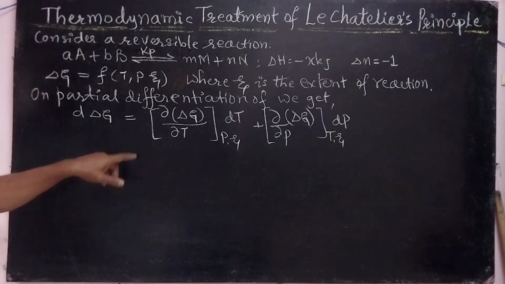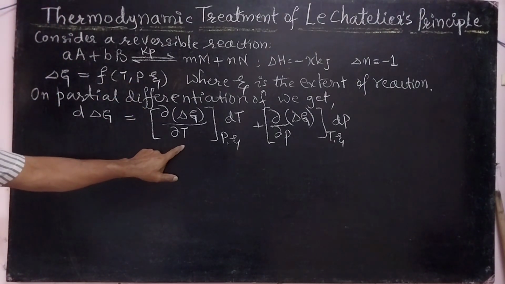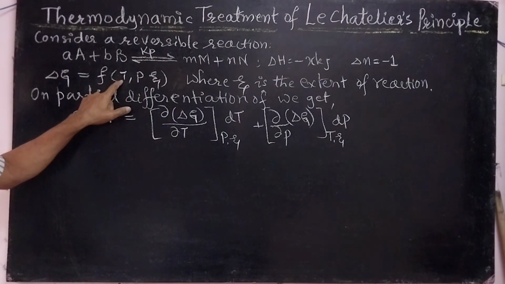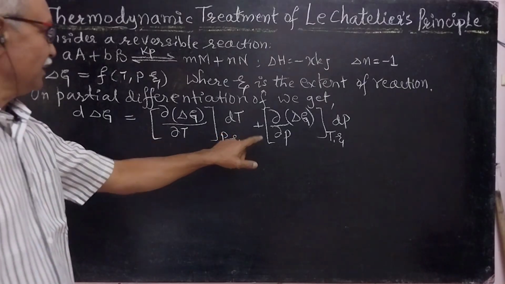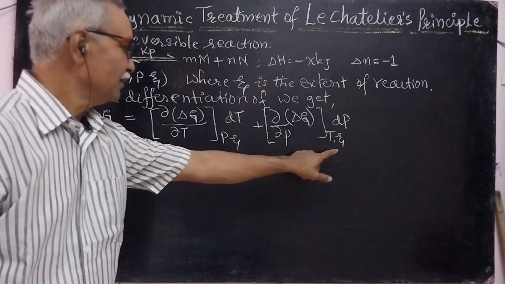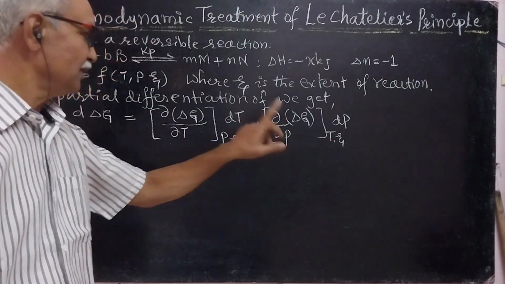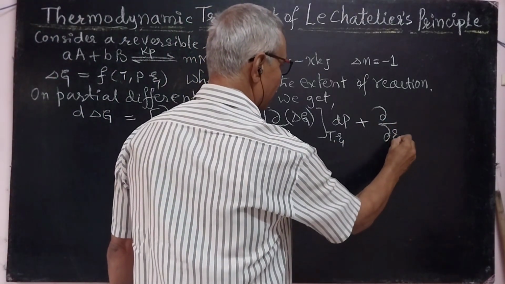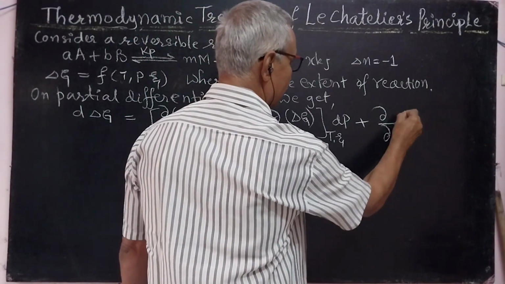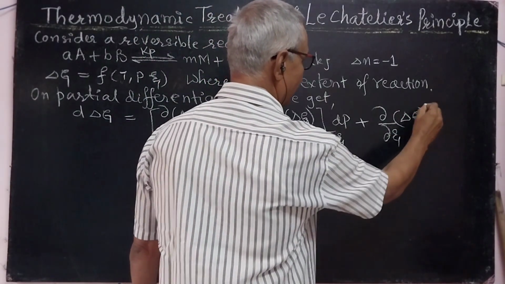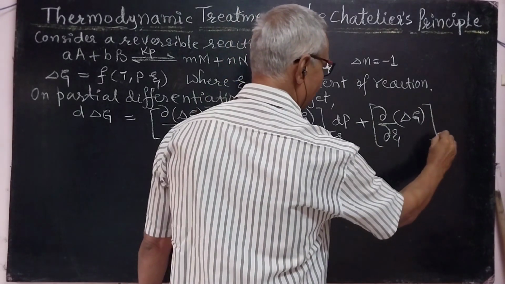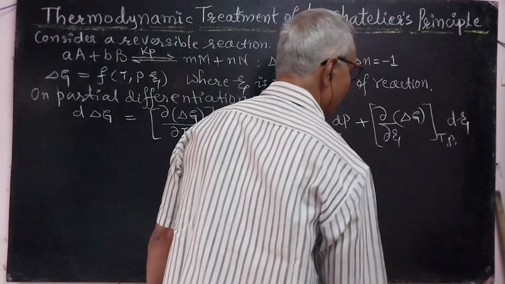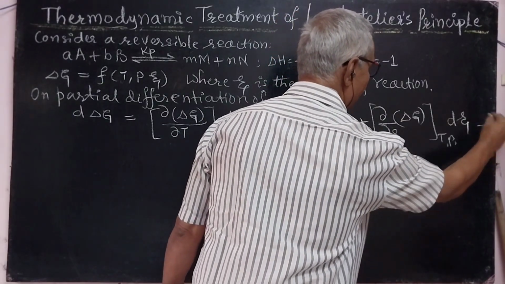In the first term, you keep P and epsilon constant and differentiate with respect to T. In the second term, you keep T and epsilon constant and differentiate with respect to P. Plus dou by dou epsilon of delta G at constant temperature and pressure, into d epsilon. Suppose this is equation 1.